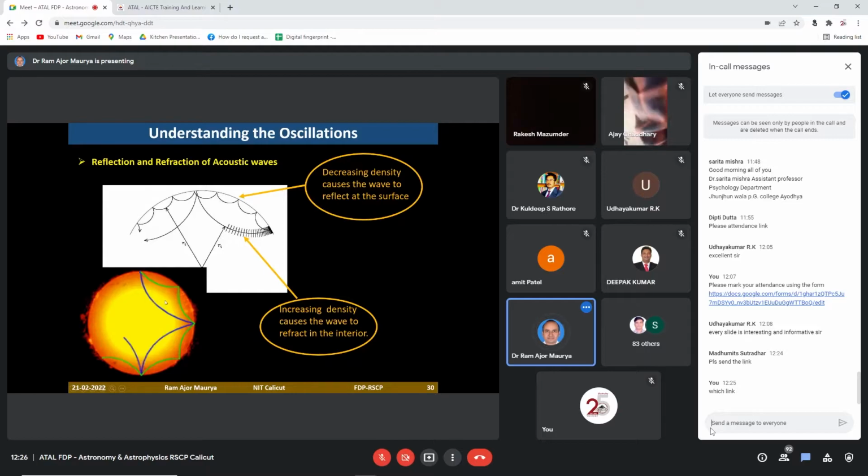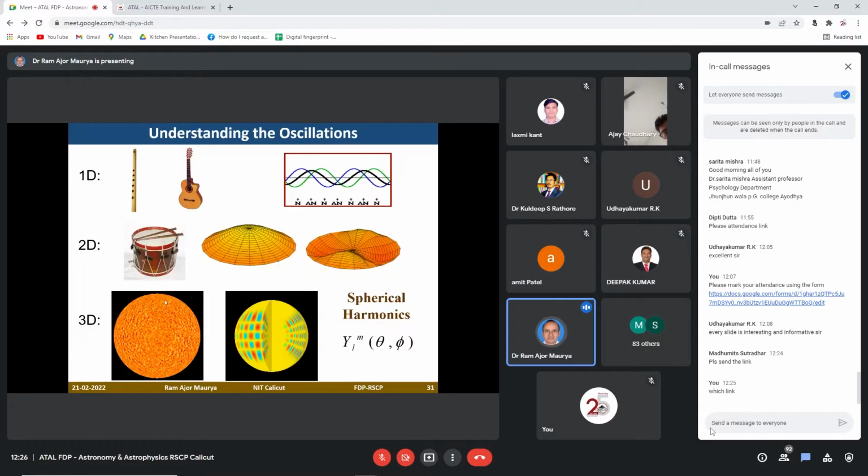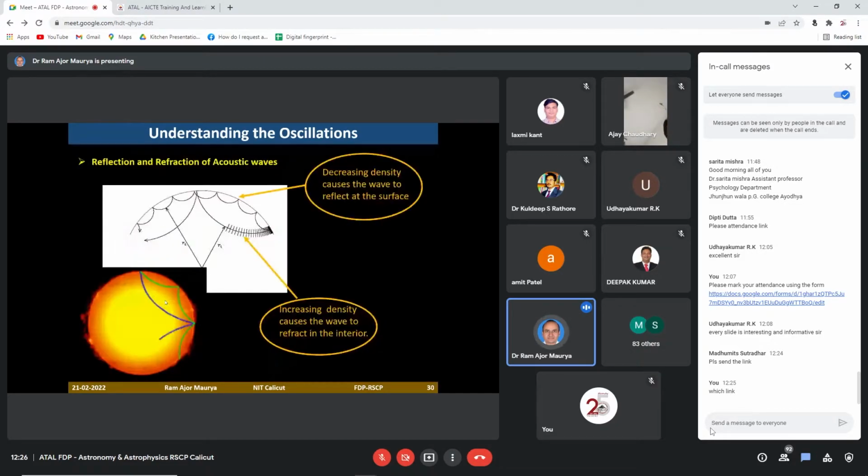So if we can separate these waves of different wavelengths, then we can have information at different depths. Using this we can explore the interior of the sun, and this is called helioseismology: studying the sun's interior using the oscillations.